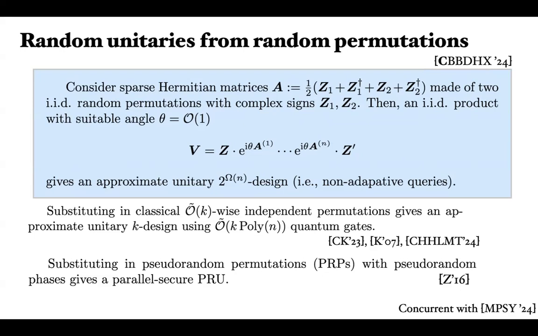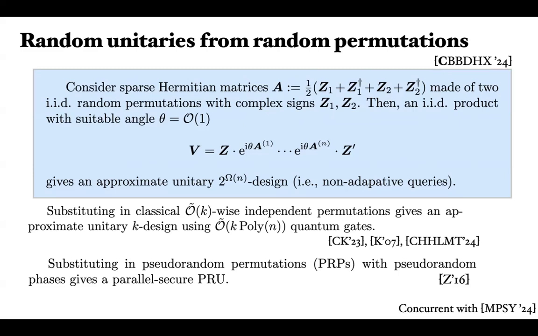The A's are Hermitian matrices made of a sum over independent random permutations with complex signs. If you take an independent product of them with a suitable choice of angle, this also gives you an approximate unitary design at very, very high moments, exponential in n.